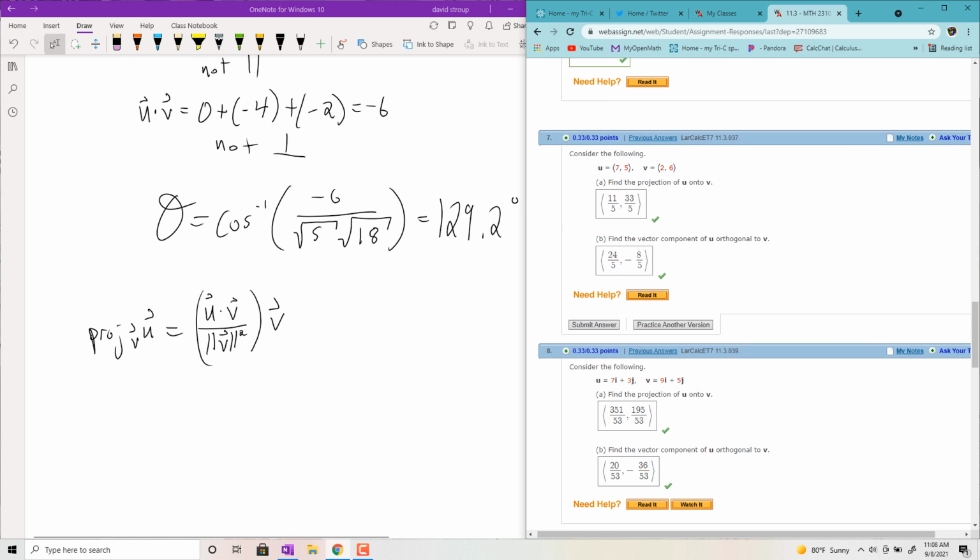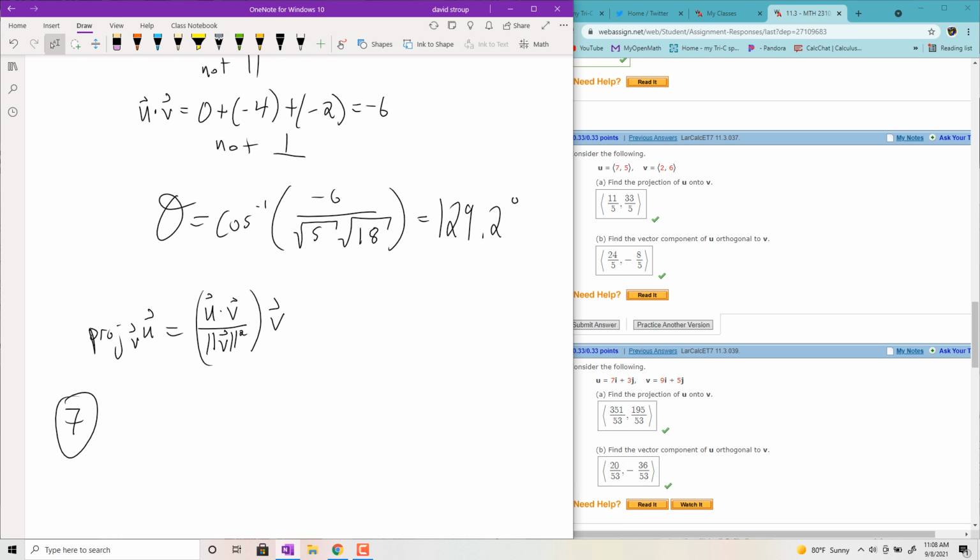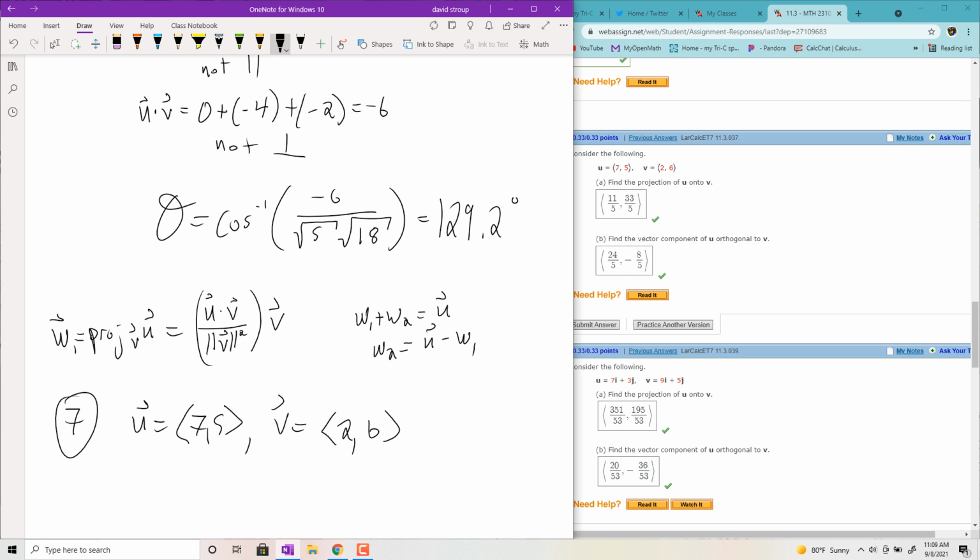What about number 7? Just simply put, U is 7, 5, V is 2, 6. We want the projection and then the vector component orthogonal. So remember, they would call this W1, and then note that W1 plus W2 would equal U. So W2, the orthogonal projection, would be U minus W1, because of the relationship of the vectors.